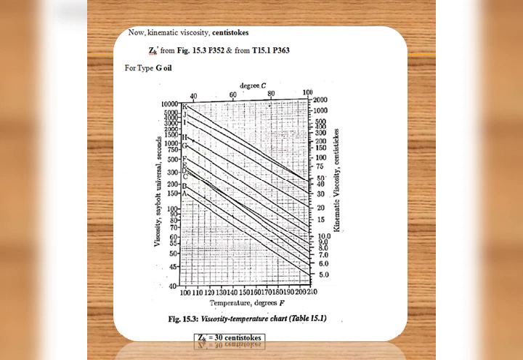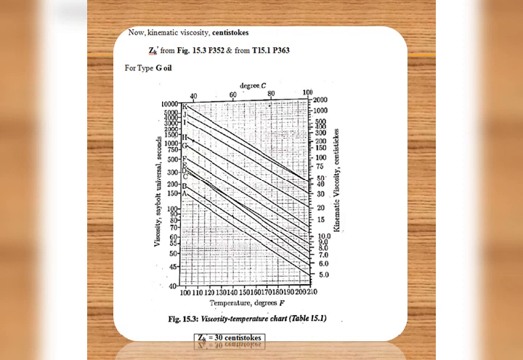In the upper line he has given temperature in degrees Celsius, the vertical left line gives viscosity in Saybolt universal seconds, and on the right side vertical line he has given kinematic viscosity in centistokes. So we are supposed to focus on kinematic viscosity, degrees Celsius and the type of curve, that is the right side vertical line and the horizontal upper line.